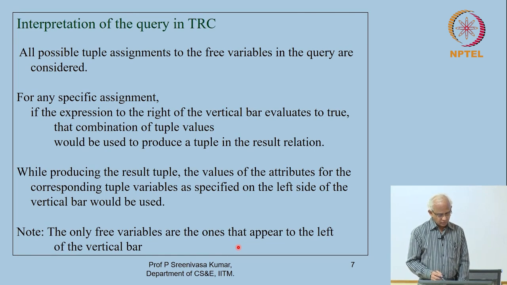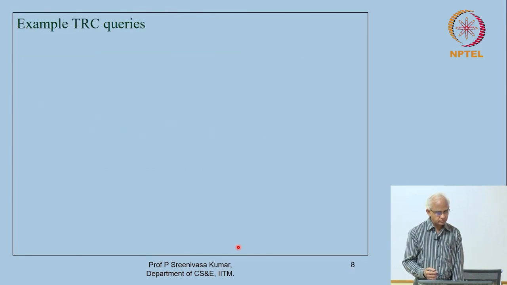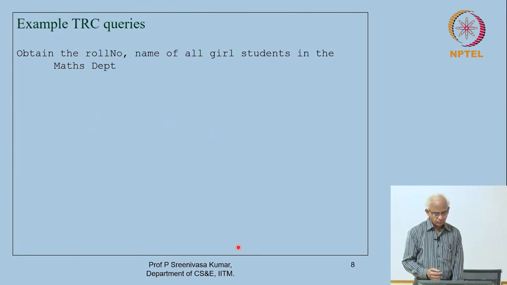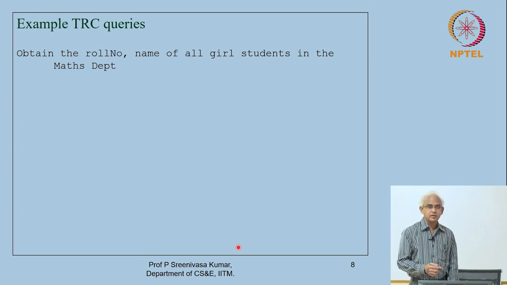Now, let me emphasize this interpretation with the help of a query. Let us start looking at some more example queries. Query: roll number and name of all girl students in the maths department.